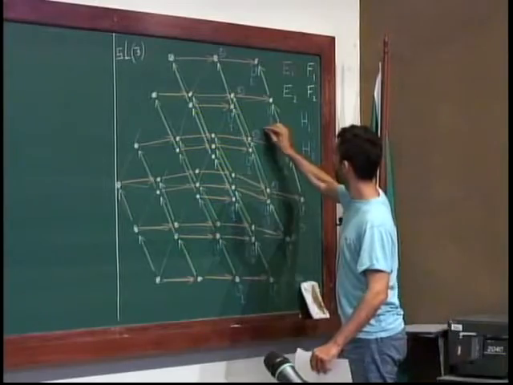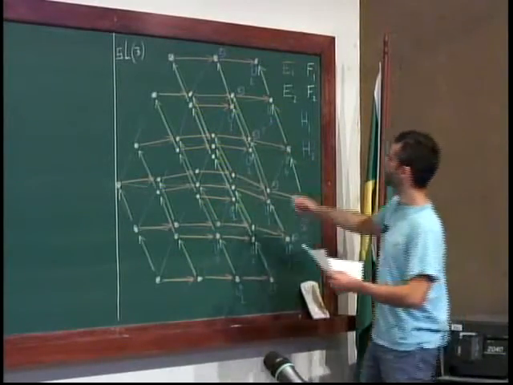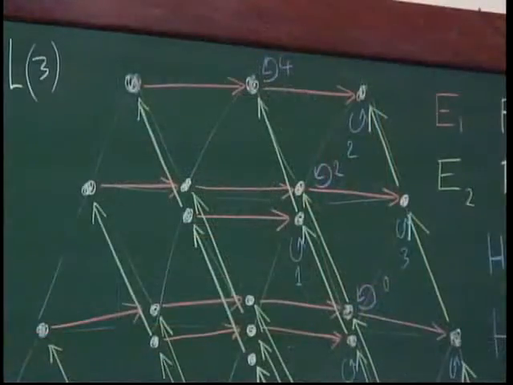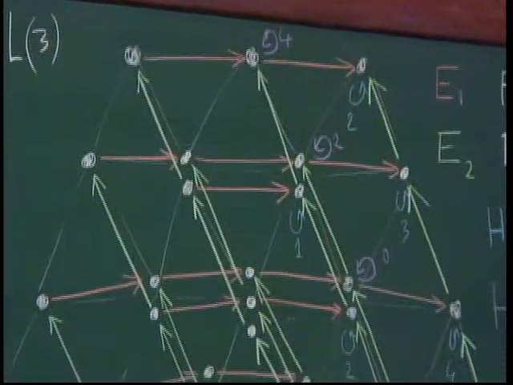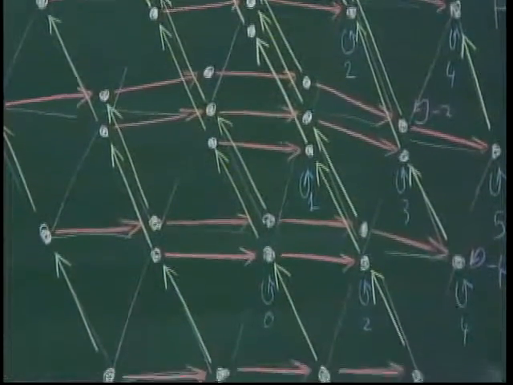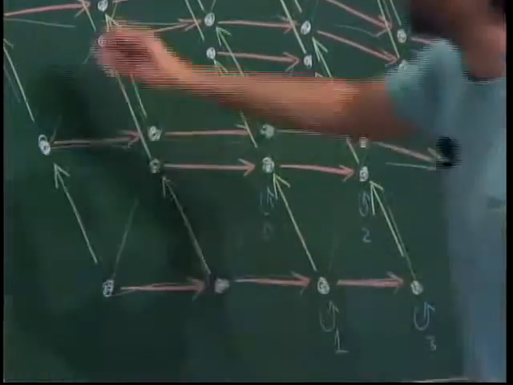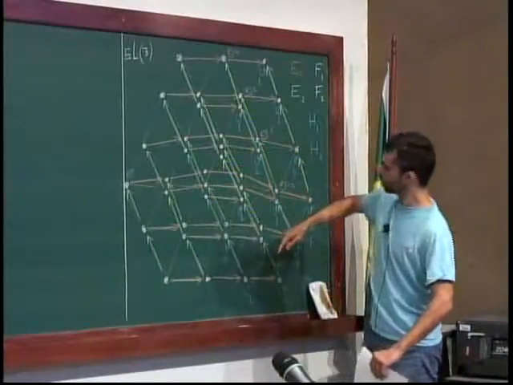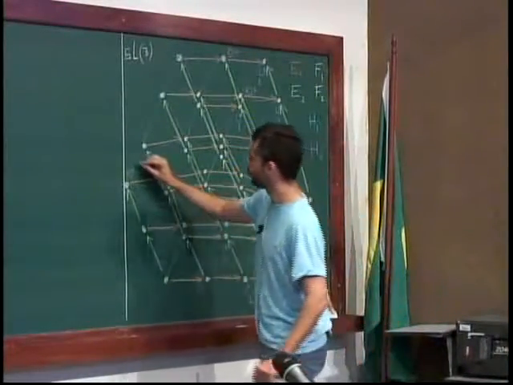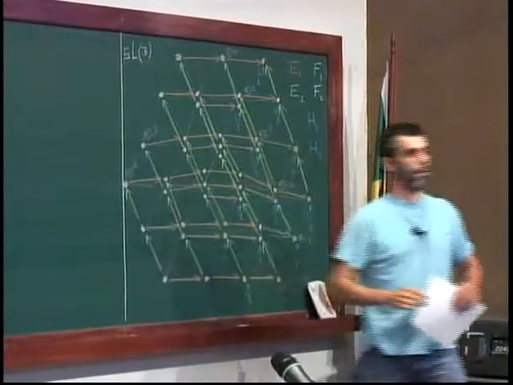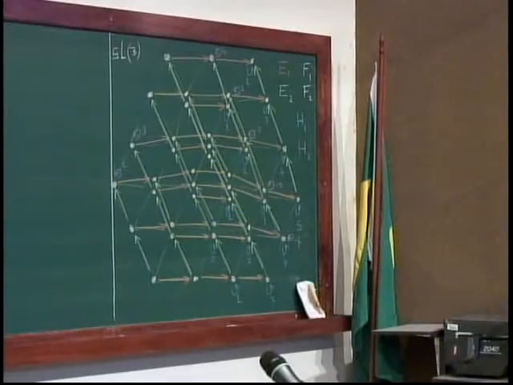So this is 0, and now that's 2, that's 4, that's minus 2, that's minus 4. I could keep going. This one here is, well, how far is it on this axis? So that would be 0, so that's 2. And this one is 3. Do you get the idea?